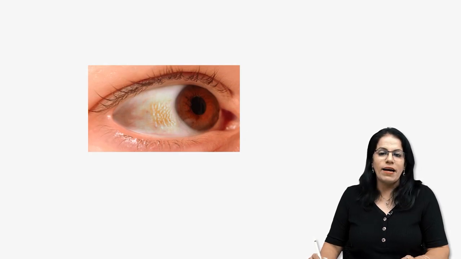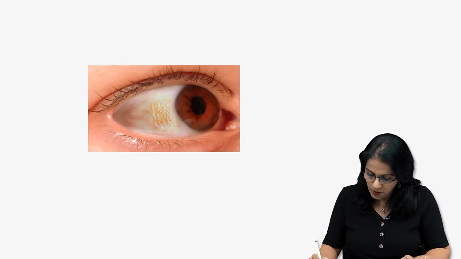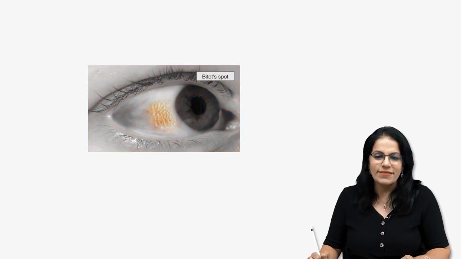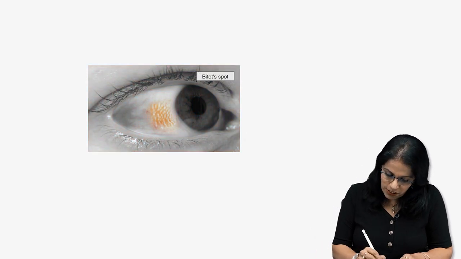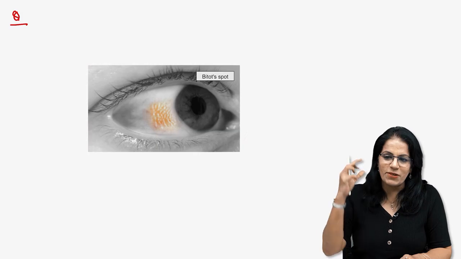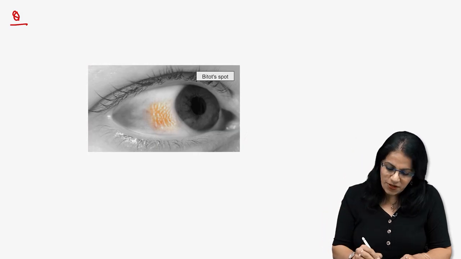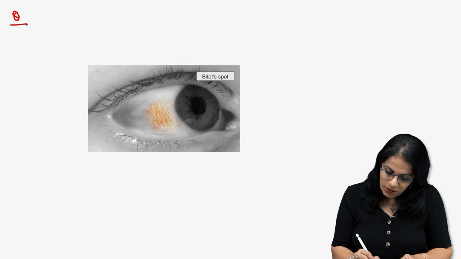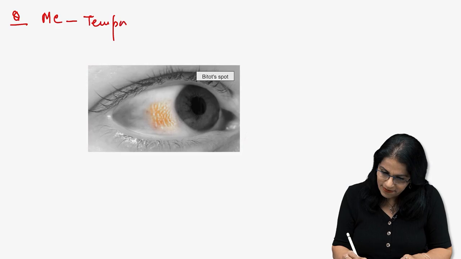So, this triangular patch, dry spot, this is what is called Bitot spot, right? So, question is more common on which side? So, dryness will be more common temporally because the tear is draining nasally through the lacrimal drainage system. So, we should learn this as more common temporally.